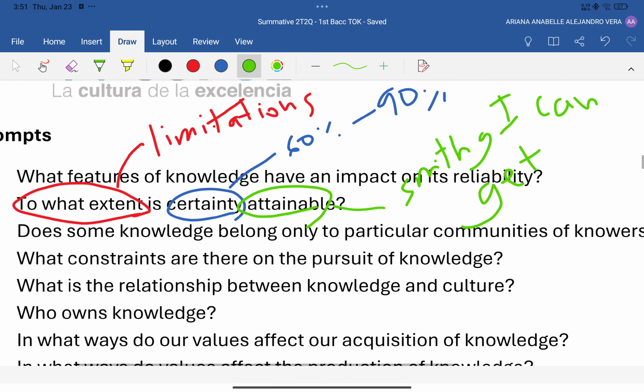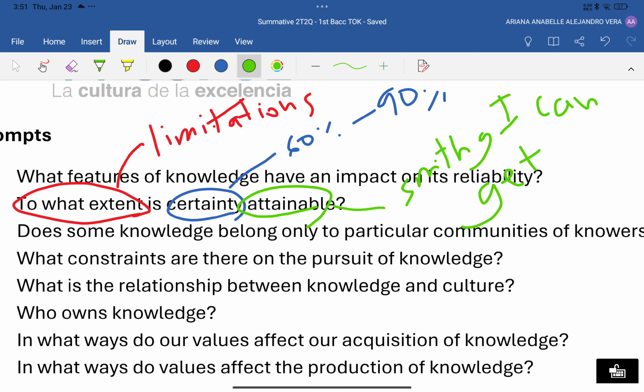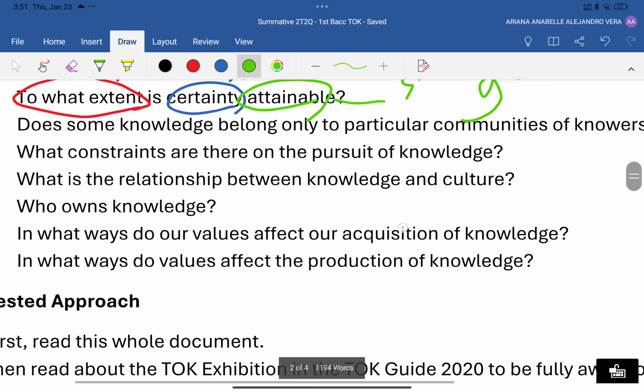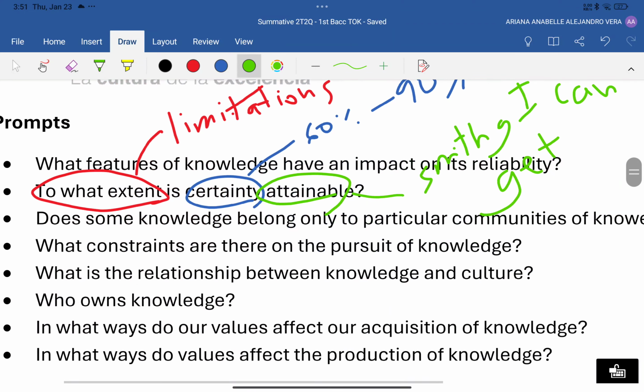I'm pretty sure it was to the moon. Remember, we're just sketching right now. That's the point, is to sketch. Okay, that for me is the connection, and it shows that with certainty we can attain many things.